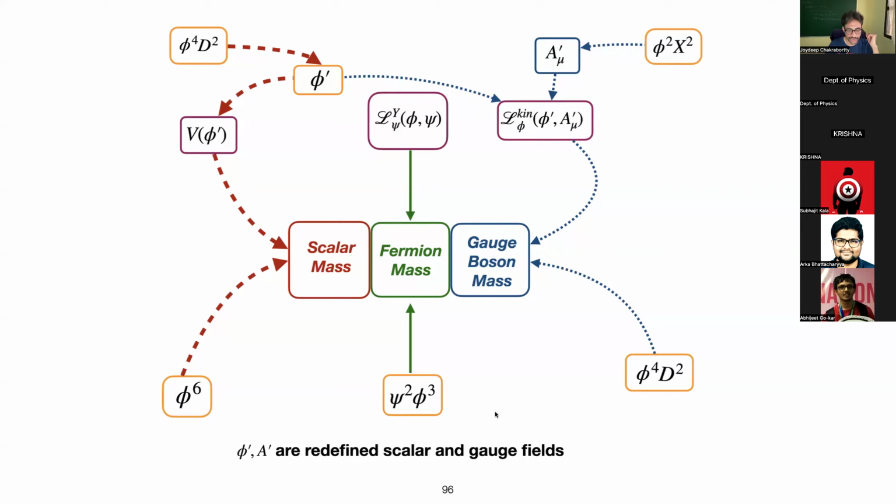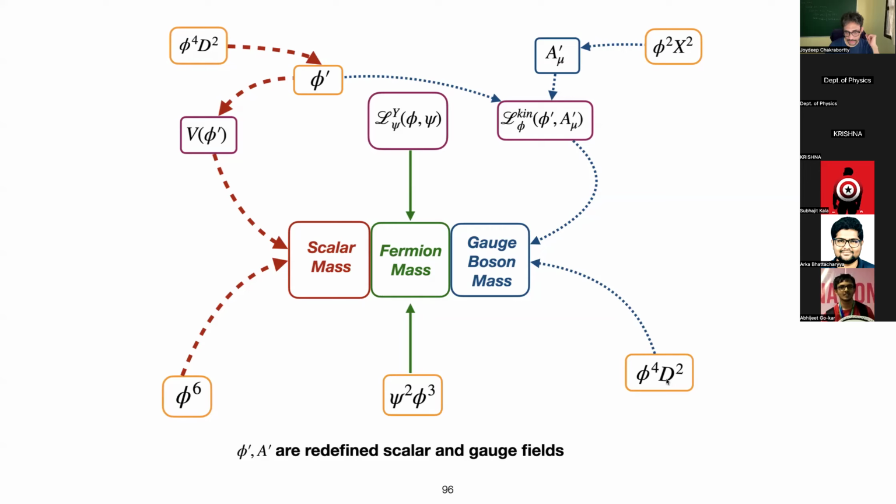Similarly, you have the psi square phi cube operator. Once this phi gets the vacuum value, you can see there's a new contribution proportional to bilinear in fermion fields, which directly contributes to the fermion mass. Then you have the phi 4 d2 operator, which also plays a role in contributing mass directly. How? Because when you expand the covariant derivative, you can see its inner structure.